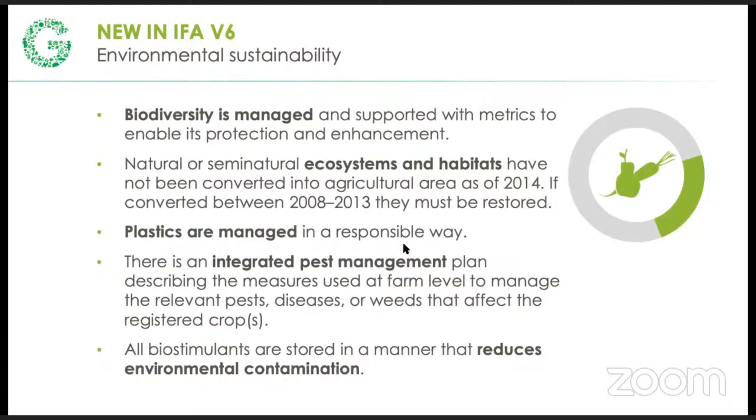Here's another example, environmental sustainability, because this has become a big deal. So the standard is going to demand that in our farming operations, you're able to show that biodiversity is managed and supported through metrics. So you're able to measure. So for example, I can give you an example from our farm. We've put buffer zones where we've said in here, we're going to maintain the natural trees.